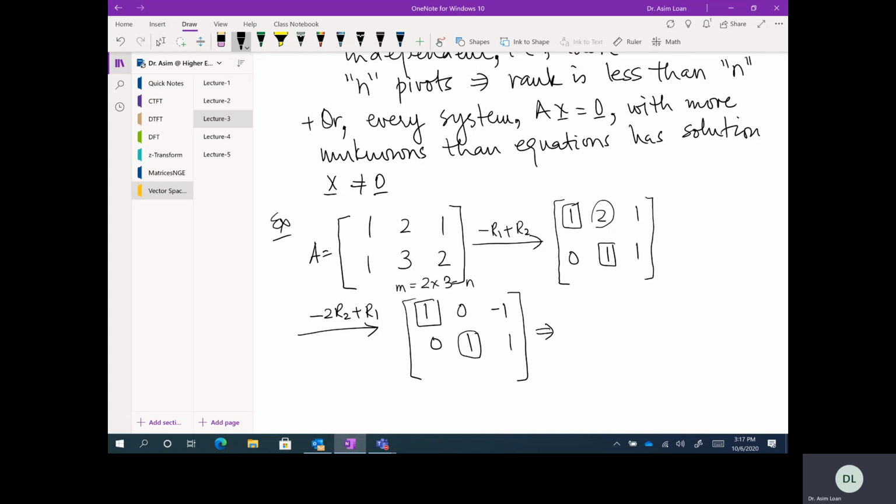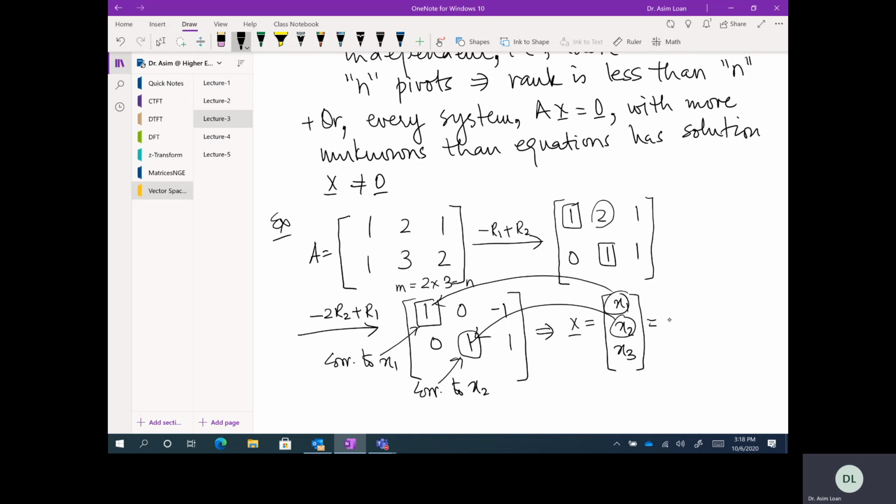This is a 2 by 3 matrix, so m is 2, n is 3, so there is one free variable. So x equals x1 x2 x3 equals x3 times, where x1 corresponds to the first column and x2 to the second. Moving 1 to the right of the equal sign, this will become a minus, so this minus 1 goes here negative, and this 1 goes here negative.